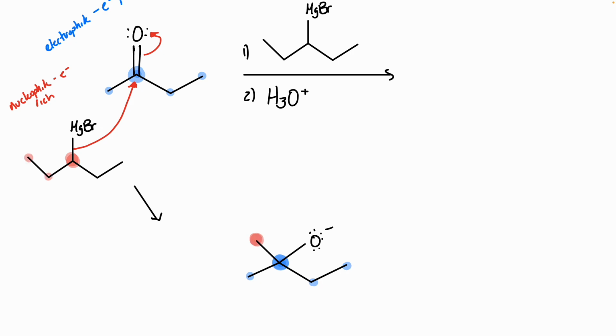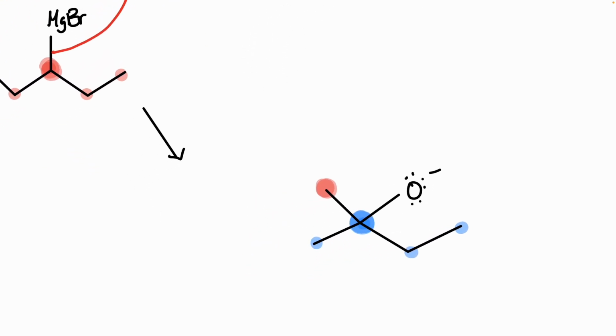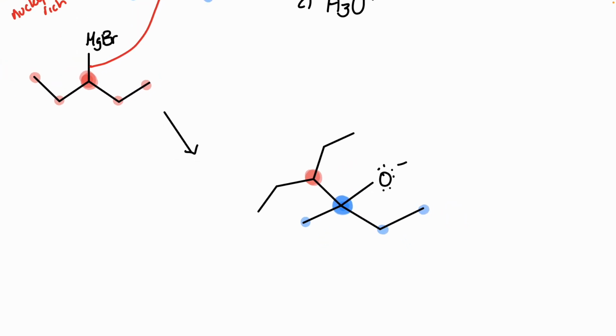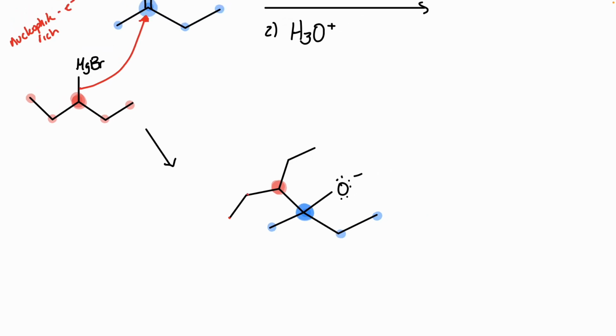So then I just have to include the 1, 2, 3, 4 carbons around it. I got 2 on either side. It's going to look a little crazy. Cool. And I'm going to make sure to count carbons. Again, I got my 1, 2, 3, 4 in blue, and 1, 2, 3, 4, 5 in red here.